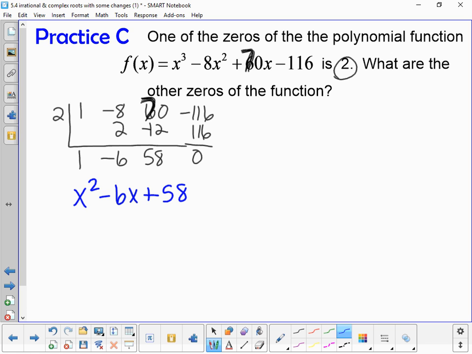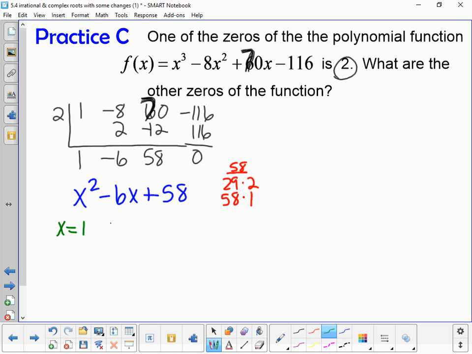And that, we could try to factor it, but 58 is 29 times 2. And other than 58 times 1, that's the only way to get a 58. So neither of those combinations can add up to negative 6, so this is not factorable.